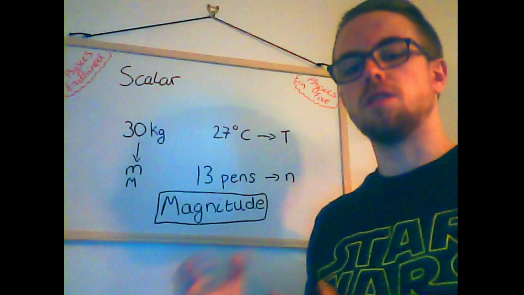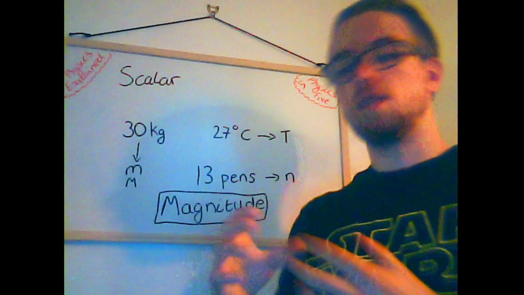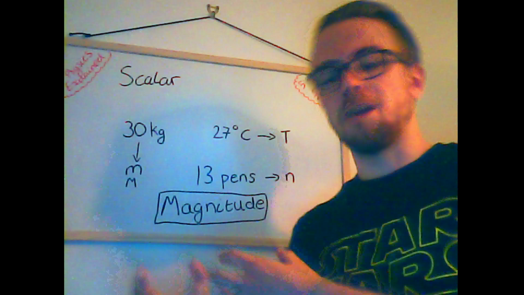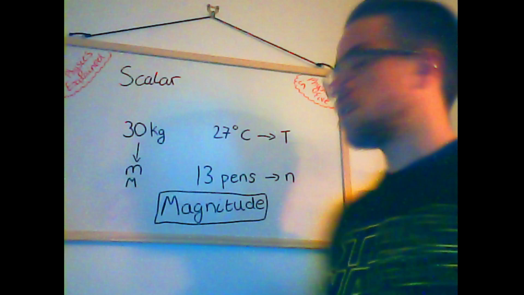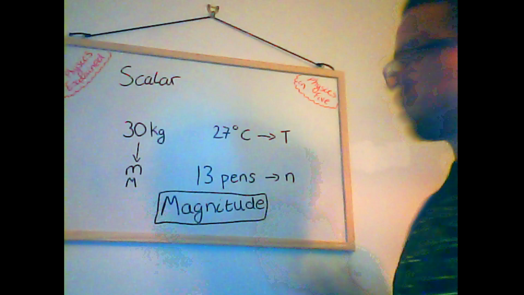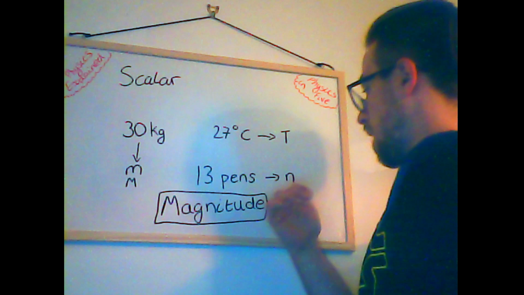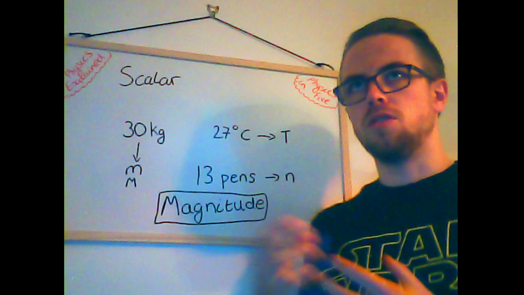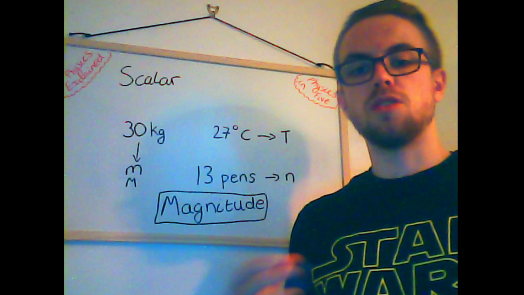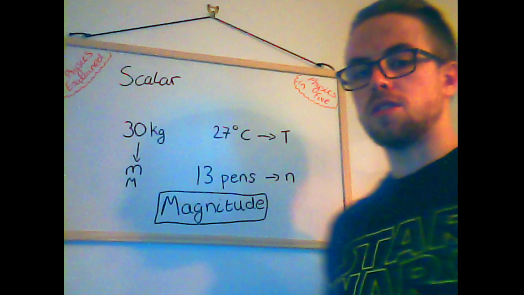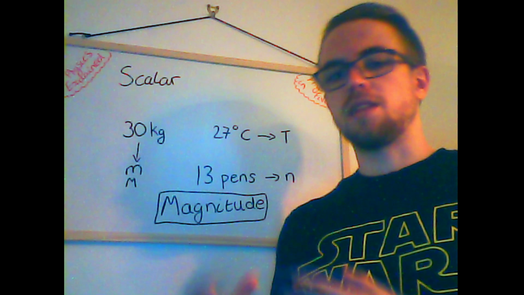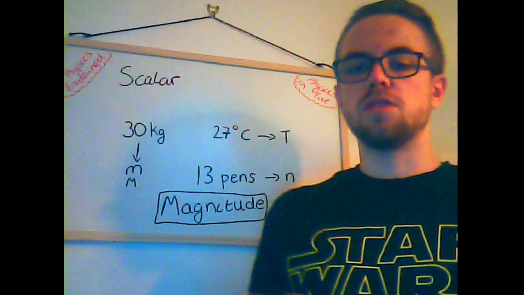You might have two masses, so you need the difference between a big M, the bigger mass, and a little m, the little mass. Or a T for temperature, always given a capital T because little t is time. And N is usually given for any unit that doesn't have its own symbol. So a scalar quantity is anything that just has a magnitude, a size to its value.